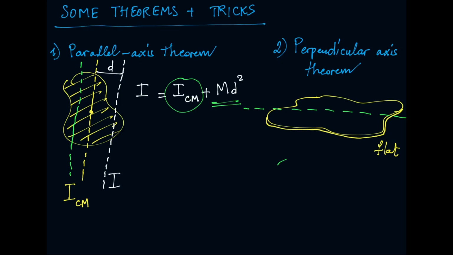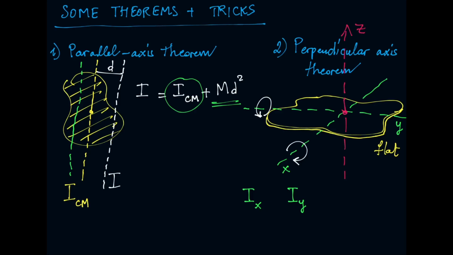If you know the moment of inertia around two perpendicular axes, let's call them conveniently x and y. So if I know the moment of inertia for rotations around x, so rotations around this axis, and rotations around y, like this, then I magically know the moment of inertia around a third axis that is perpendicular to both of them.